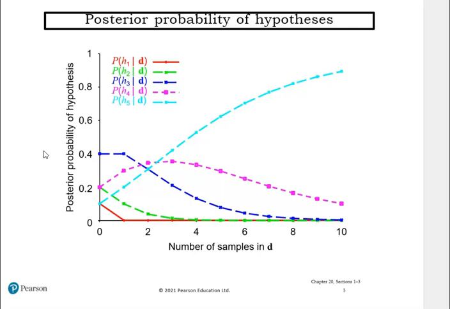So as you can see here, the hypothesis that the bag is full of red candies went to zero fairly quickly. And the other hypothesis, the green one, also went to zero, which is majority red, and the blue one, which started with the highest prior probability at 0.4, eventually decayed to zero by the time we got our 10th candy from the bag.